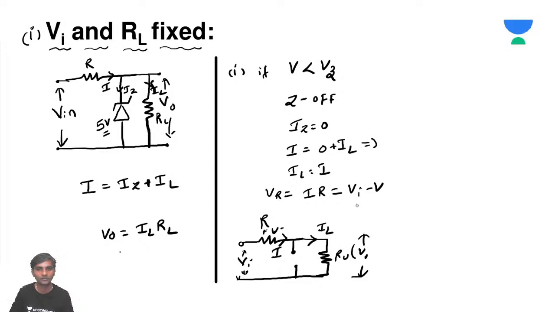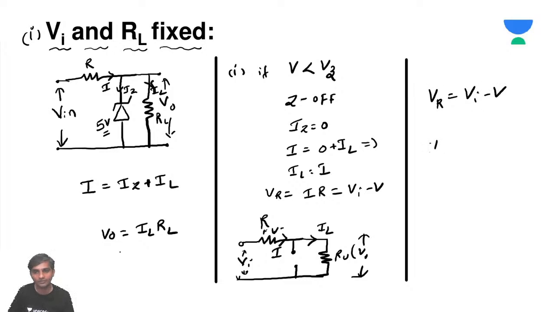So the current via the load resistance RL is going to be Vi minus V, and you can calculate this current as VR by R, that is nothing but Vi minus V by R.